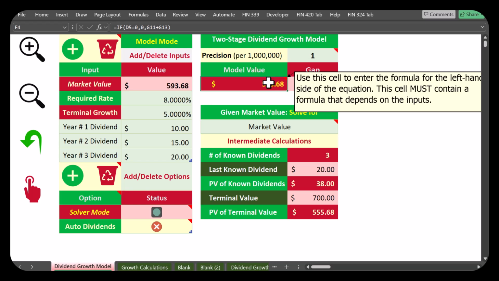That's the present value of the terminal value. Early company, late company. So in this case, the late company is worth 555.68, but the early company is worth only 38. Since the cash flow from the 2 securities is exactly the same as the cash flow from the stock itself, obviously the sum of the values of those 2 securities has to equal the value of the company stock. That's the way you need to think about it.